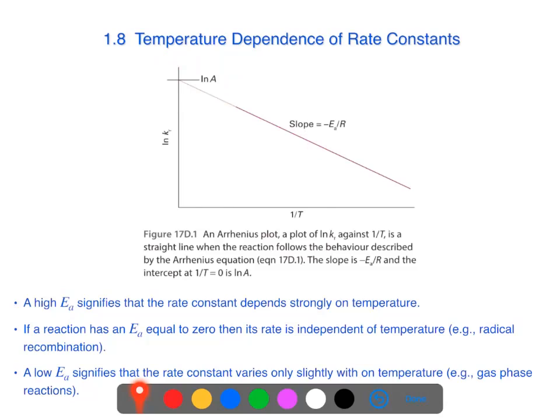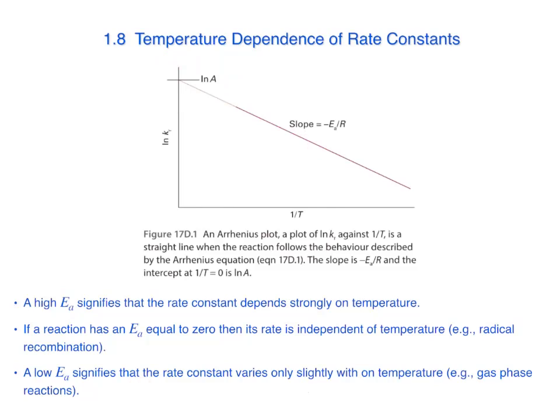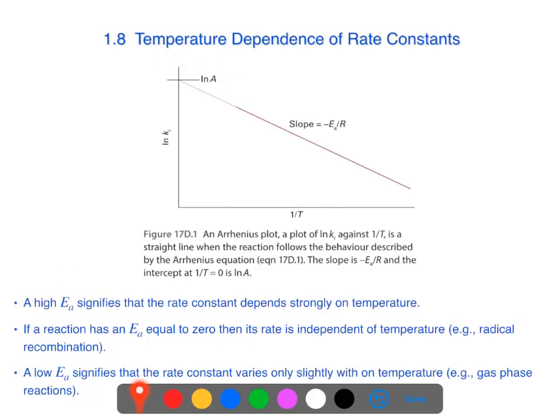Now we can also assess Arrhenius behavior qualitatively by looking at the relative steepness or shallowness of a slope. So if we have a fairly steep slope, that is a high activation energy, this signifies that the rate constant for that reaction is strongly dependent upon temperature. So a small change in temperature has a dramatic effect on the rate constant of the reaction.